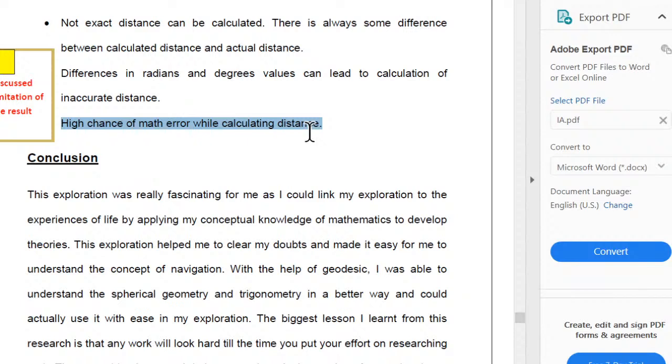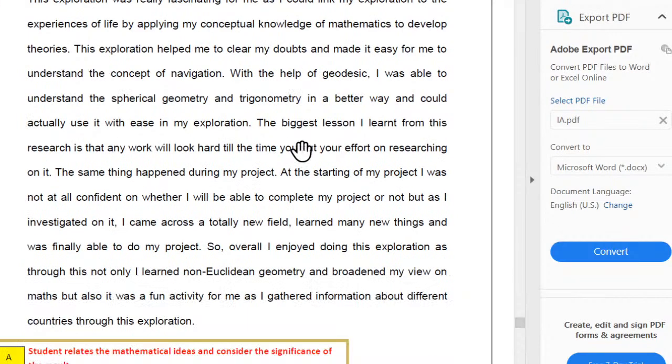It will be human error, and don't say human error. Okay, even in your science IAs, don't say, oh, it could be wrong because I screwed up. Don't say that.